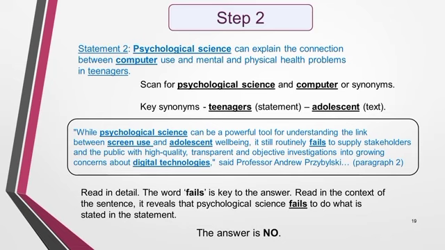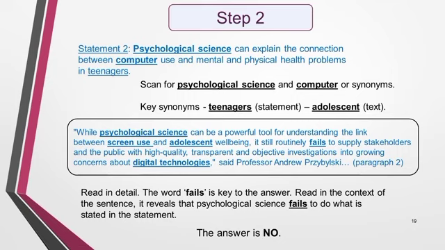I don't find computer, but screen use and digital technologies are in the same sentence. Screen use is close enough to computer use, which is the phrase used in the statement, for the information to be a match. I now scan the sentence for the word teenagers to be sure that I have the correct location. I don't find it, but the synonym adolescent is there.